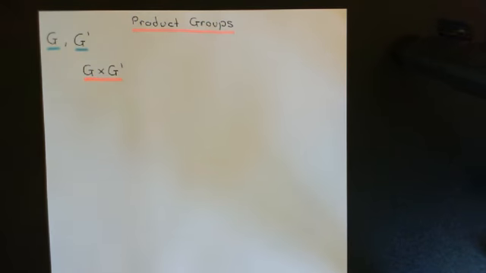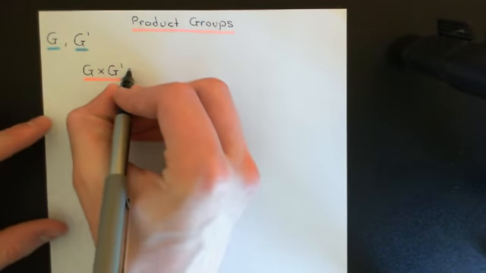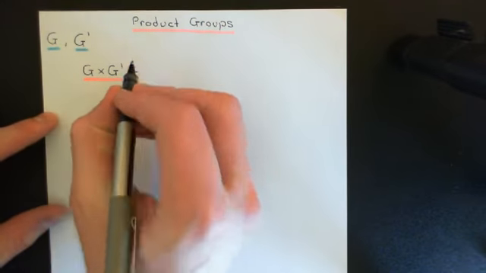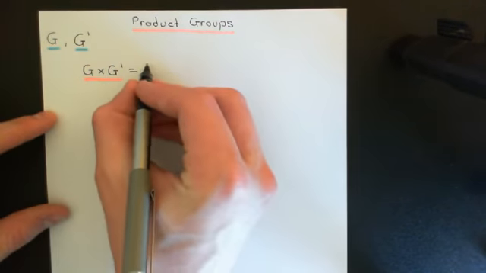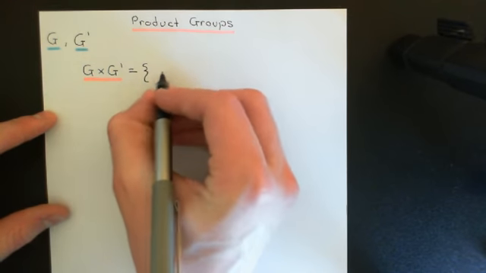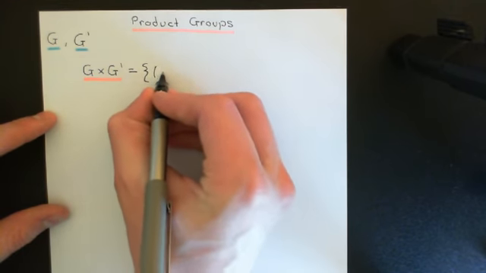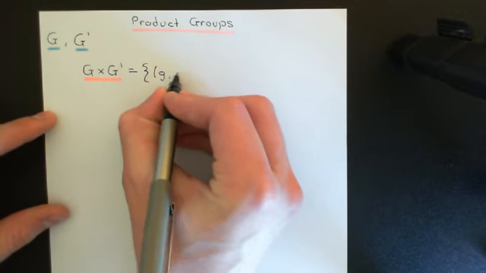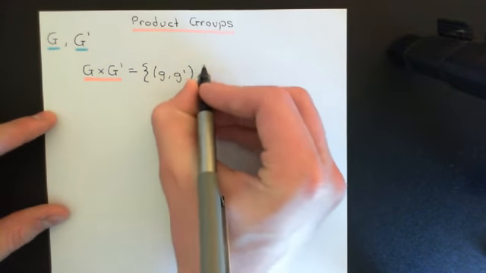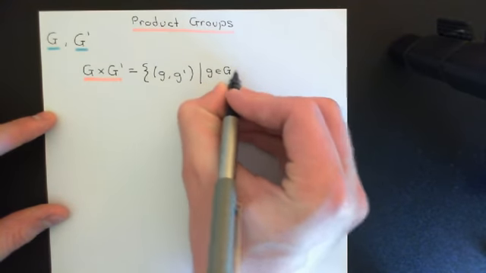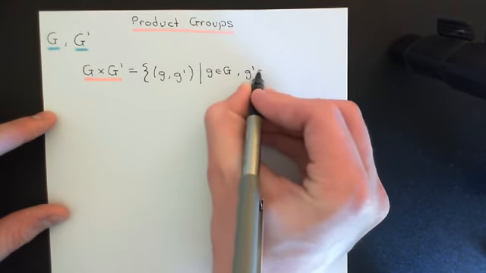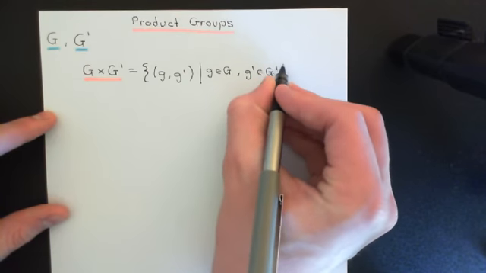Okay, right, so let's start off by studying the set that we're actually going to define the composition law on. This is going to be the set containing all ordered pairs of elements from the group capital G and the group capital G prime. So it's going to be the set containing all ordered pairs (g, g prime), where little g is an element of the group capital G, and little g prime is an element of the group capital G prime.